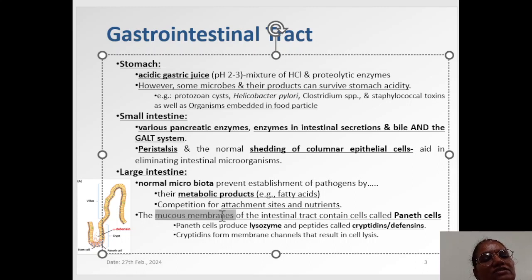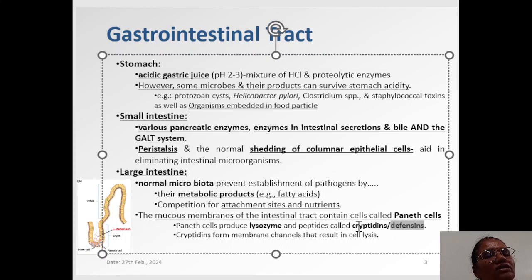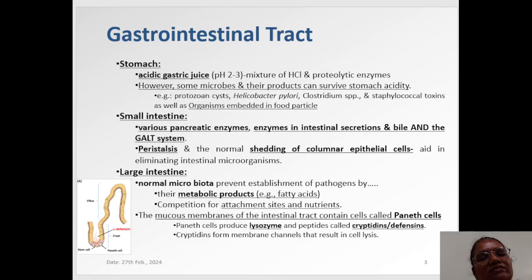Additionally, as we have seen, the mucous membrane which is continuously present in this area also has a type of cells called Paneth cells, which liberate defensins or cryptidins, a type of peptides having antimicrobial activity on the pathogens.